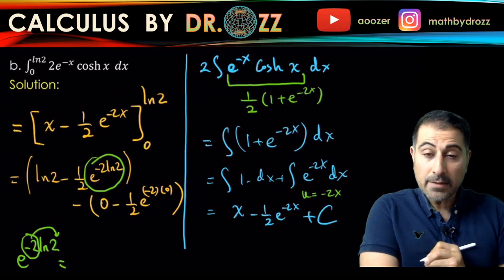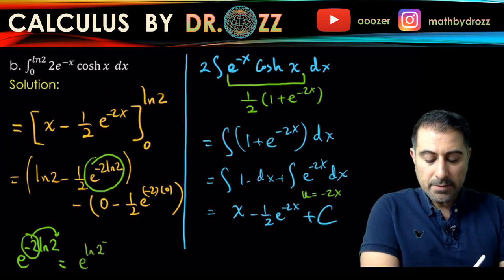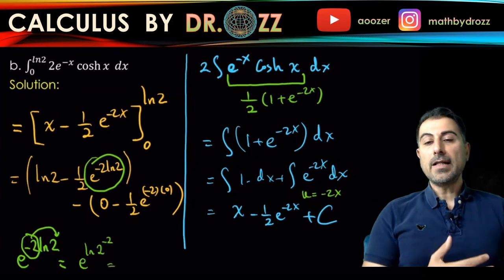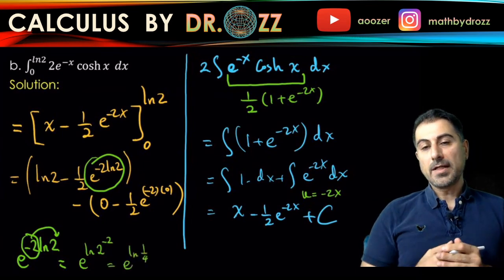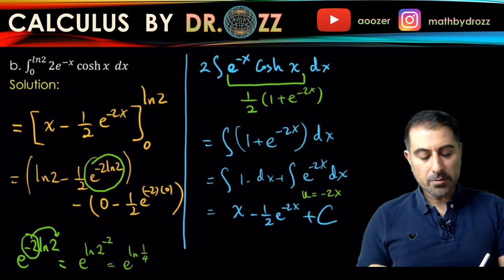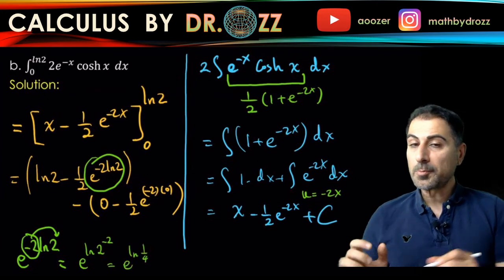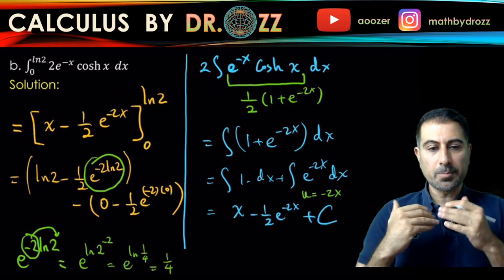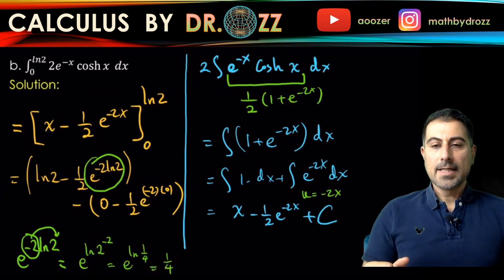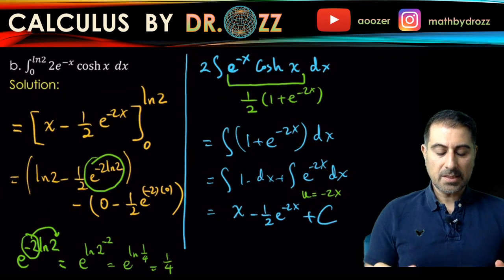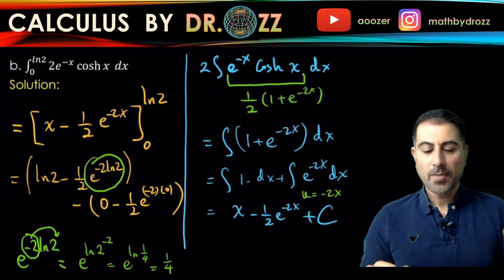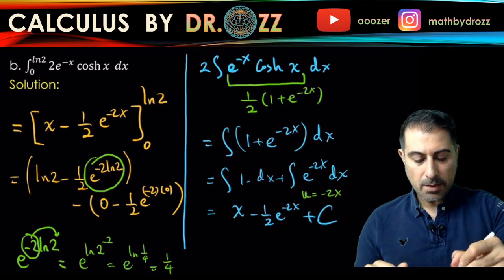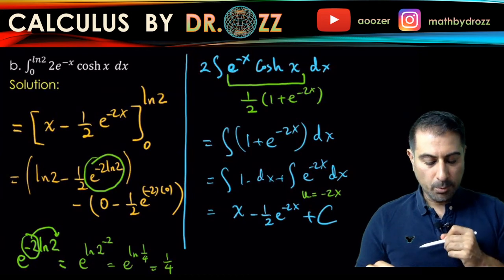So it's e to the ln of 2 to the minus 2. But 2 to the minus 2 is 1/4. And e to the ln of a number is always equal to that number. I'm using multiple properties here, and I want you to practice this by yourself and make sure those properties exist and we do apply them. So that term here is equal to 1/4.